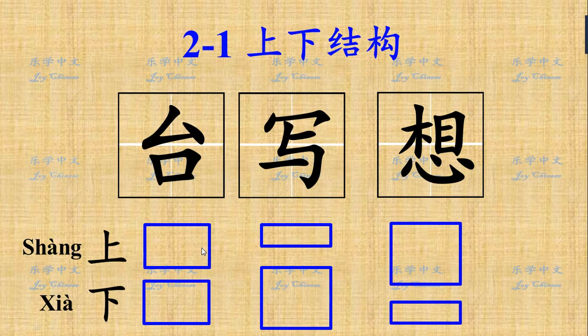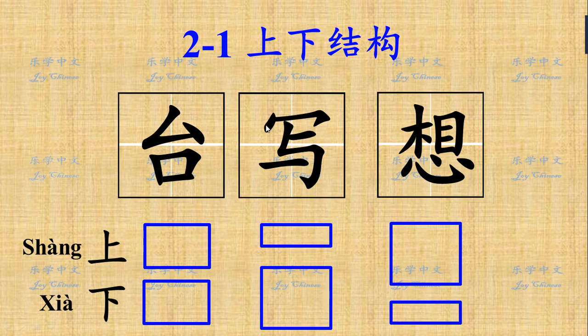Within the 合体字, meaning different combinations, there are several small groups, or we call them subgroups. The first one we call 上下结构. 上 means top, 下 means bottom. So this kind of character has two parts, top and bottom. Sometimes the top and bottom are the same size, like this.